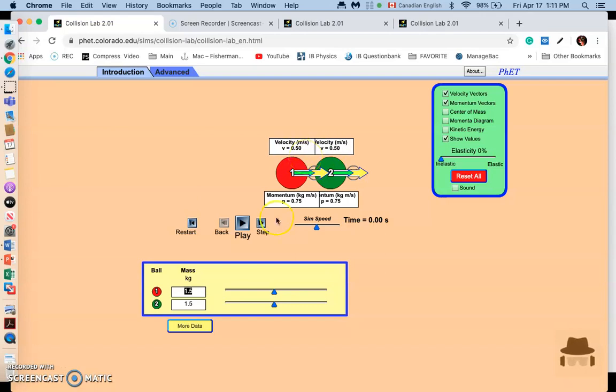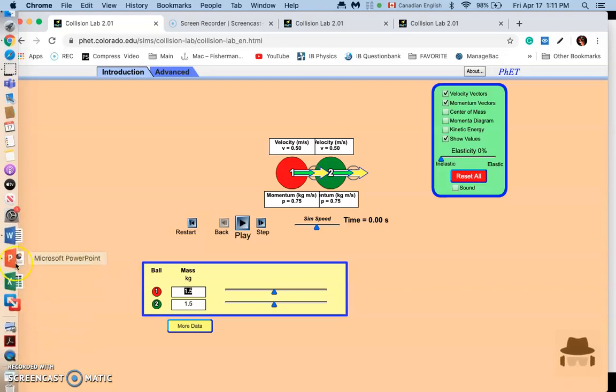So 3 times 0.5 gives 0.75 for each, and 0.75 plus 0.75 gives you 1.5, which is equal to the initial momentum. So momentum is always conserved, whether elastic, like the collision we studied before, and we will study it in more detail, inshallah, later on, or inelastic collision.